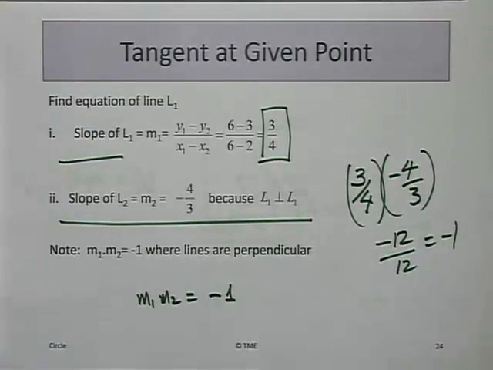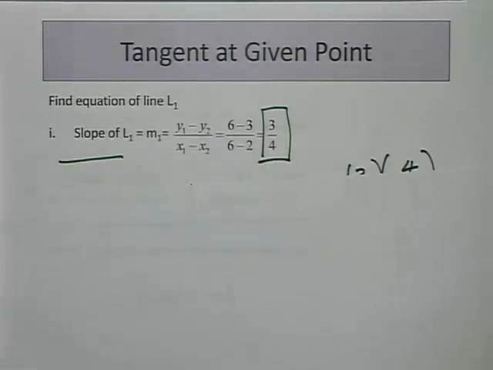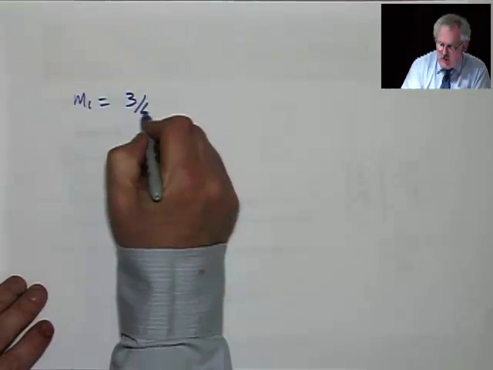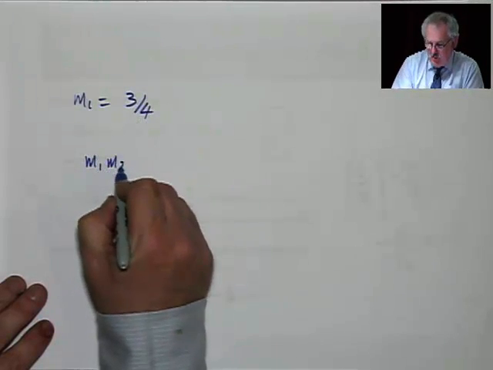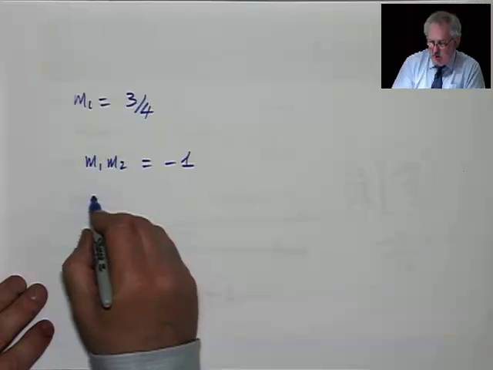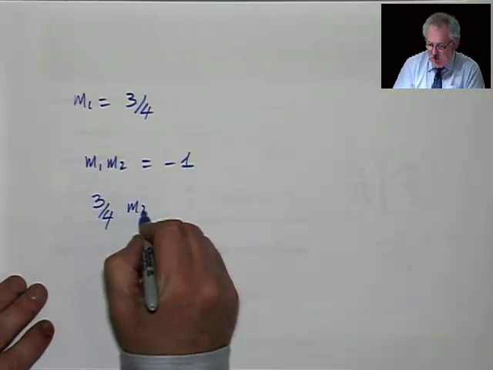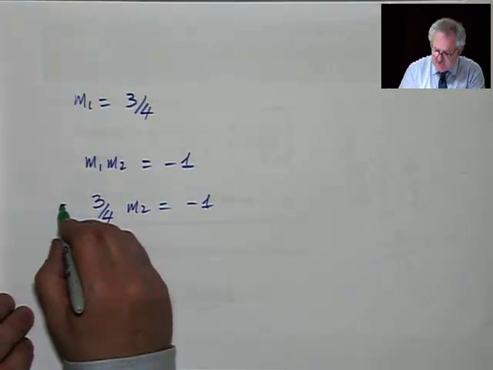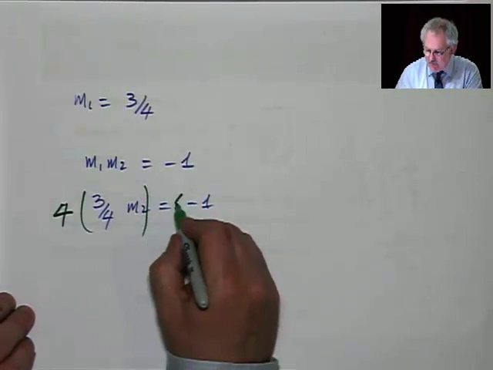If you want to do it slowly, you say M1 is 3 over 4, M1 times M2 is minus 1, so 3 over 4 times M2 is minus 1. Let's do it step by step. Let's get rid of the 4, multiply.